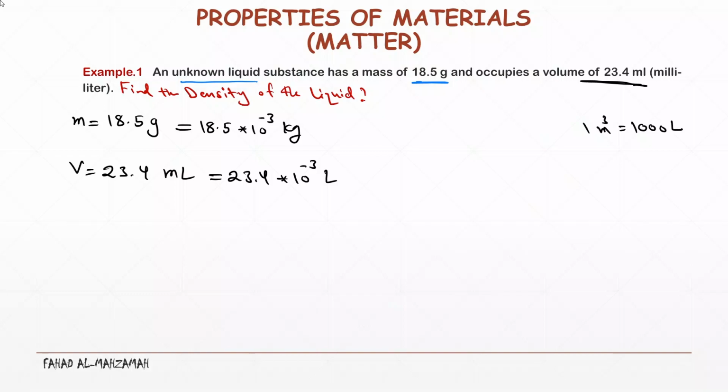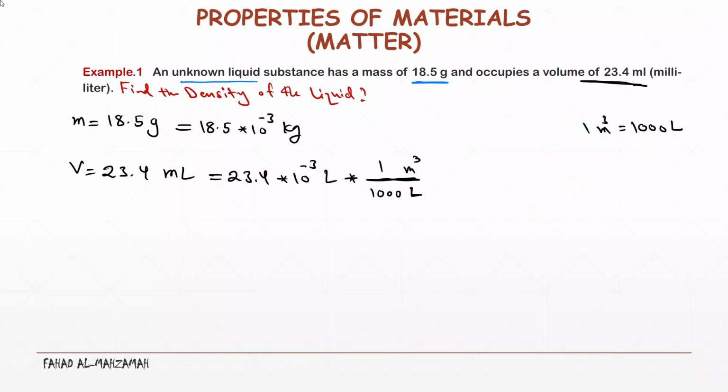Therefore we can multiply this by the conversion factor, as a fraction, as we have studied in the unit conversion. We put liter in the denominator and cubic meter in the numerator, and we copy the numbers, so here 1000.